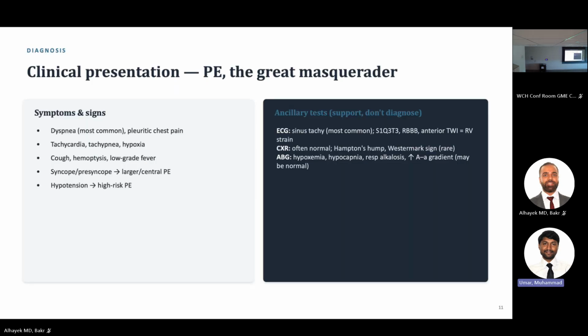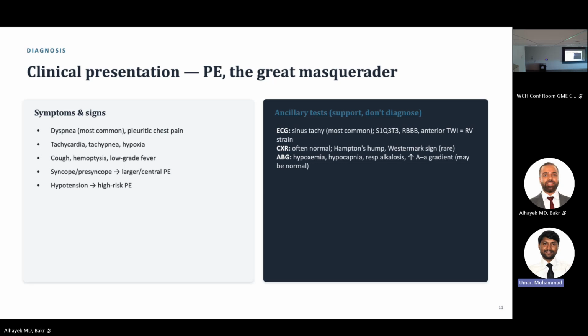So the PE symptoms and signs: tachycardia, dyspnea, cough, hemoptysis, sometimes hypotension if they are really massive. What are some ECG signs that you might see for a patient coming in with PE? So sinus tachycardia.